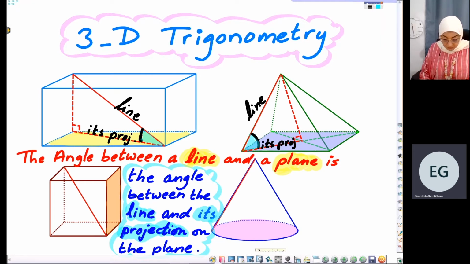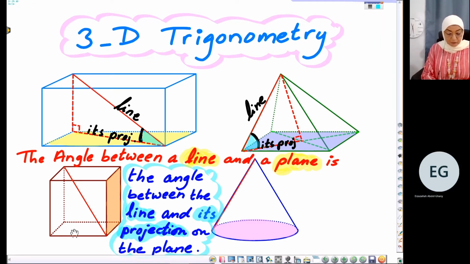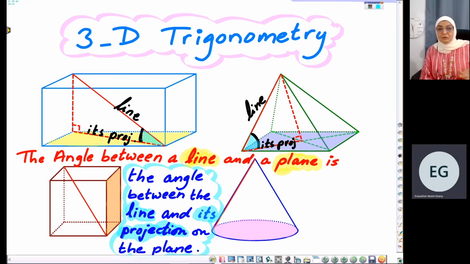Now, in the cube, not always is the plane horizontal. Sometimes the plane is vertical. This is the wall, the side wall. How do we find the projection and the angle between this line and this plane? Let's say, what are the steps to find it? Here is the line and here is the plane. The line has a fixed end on the plane and a free end.